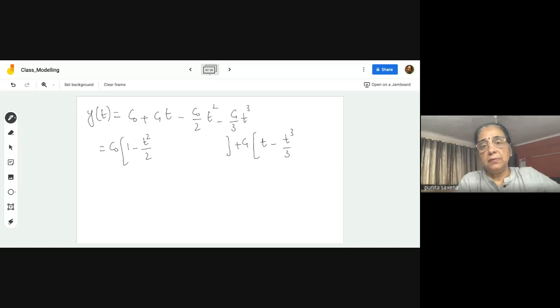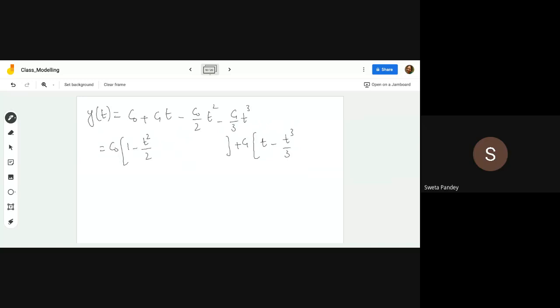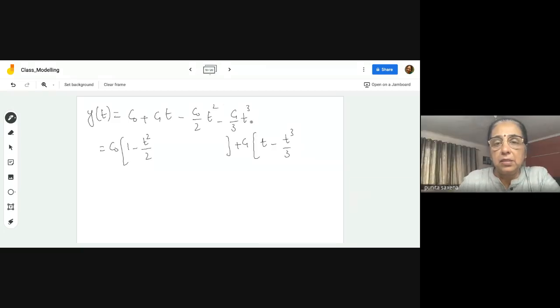What is the next term? Plus c_0 upon 2 into 4, t to the power 4. Okay. So this will be plus t to the power 4.